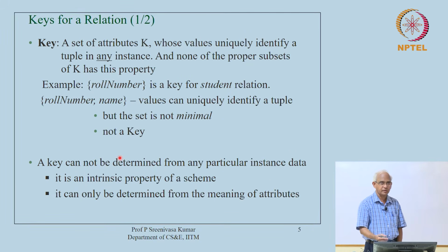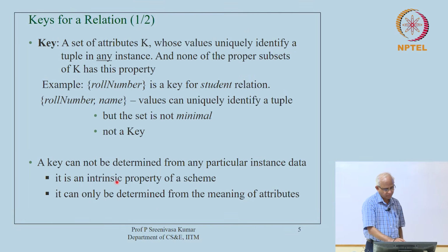That is because in that particular instance, it so happens that we have a bunch of tuples and some attribute or a set of attributes, their values can uniquely identify a tuple in that instance. But then remember that the key is defined so that not only in that instance, but in any instance this attribute should have that property.